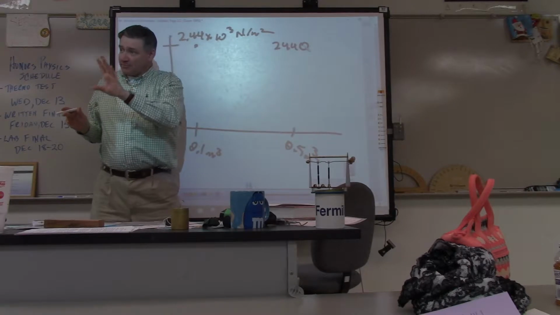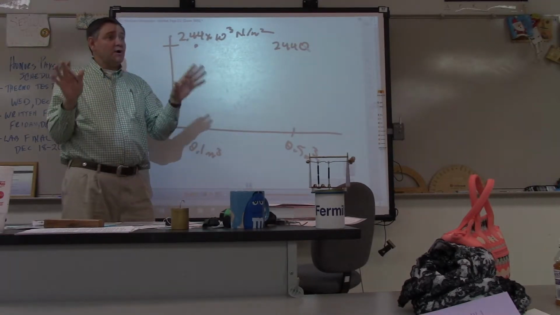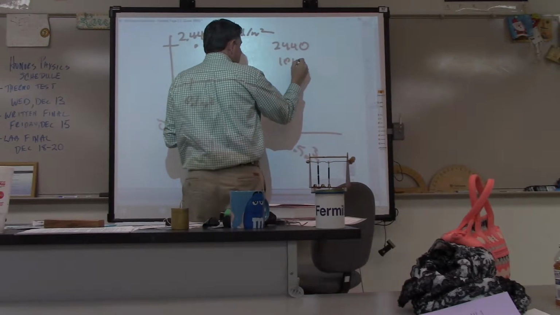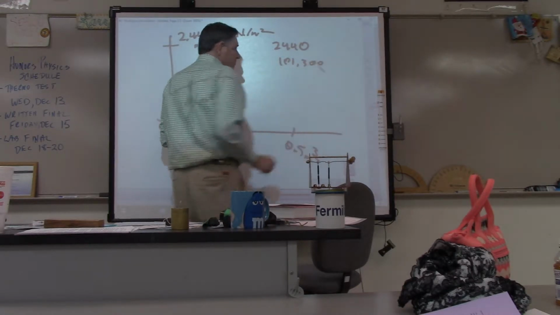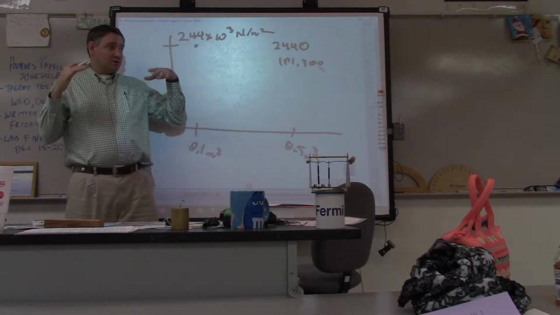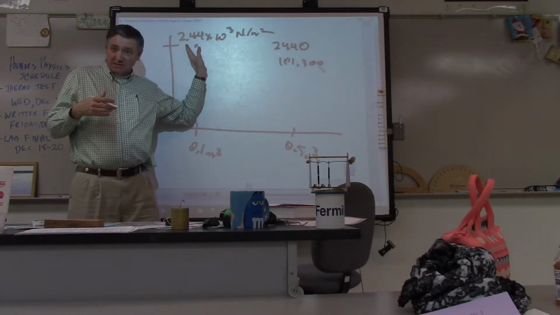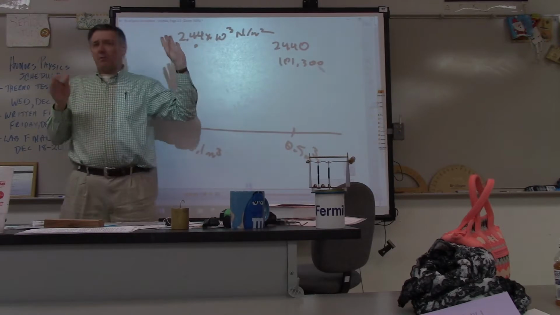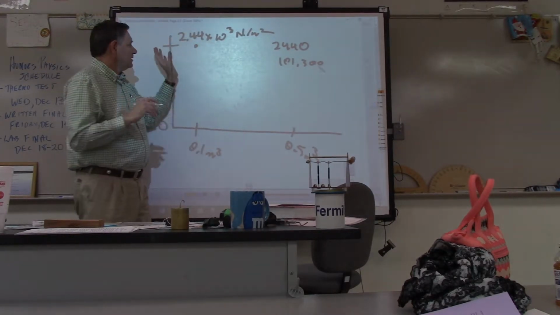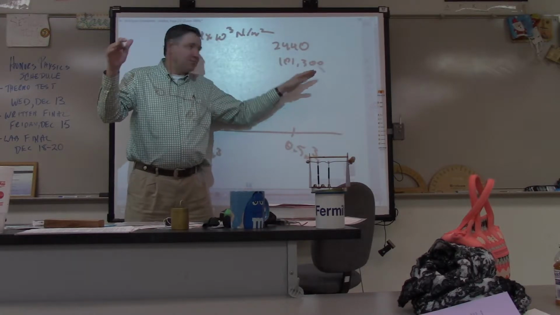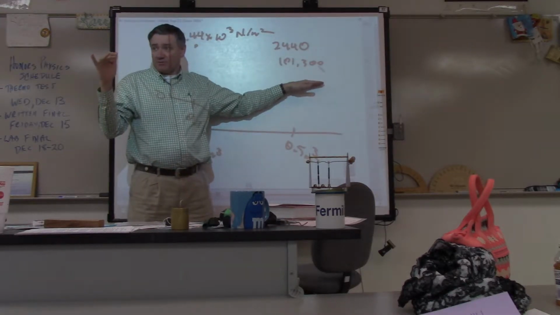To give you some comparisons, right now you all are under 1 atmosphere of pressure, which is 101,300. So you're under a lot more pressure than what is happening inside this system. Well, not really a lot, because you all are under an exponentially higher amount of pressure right now.